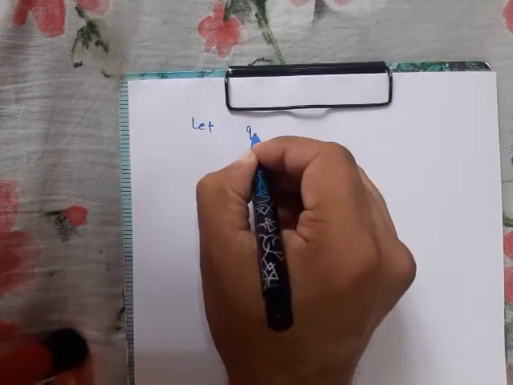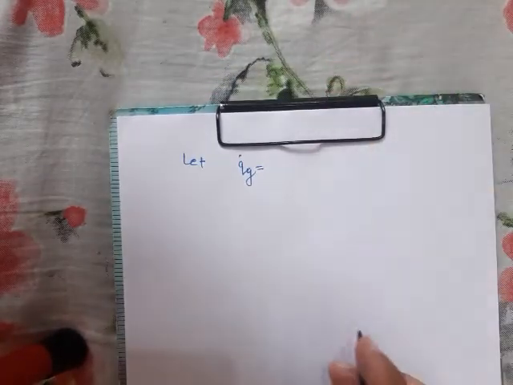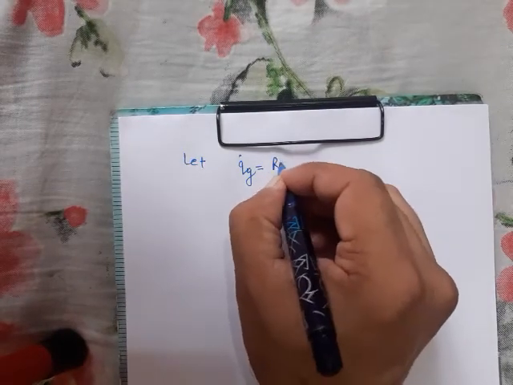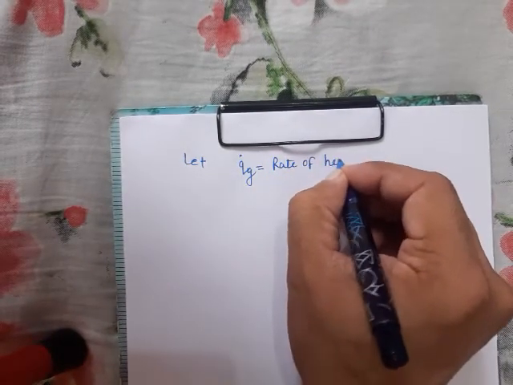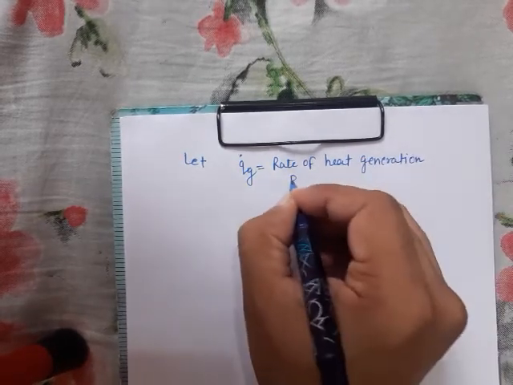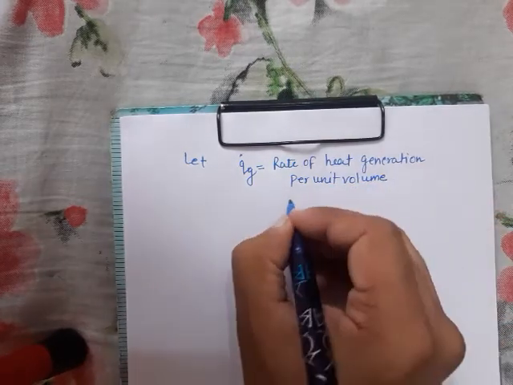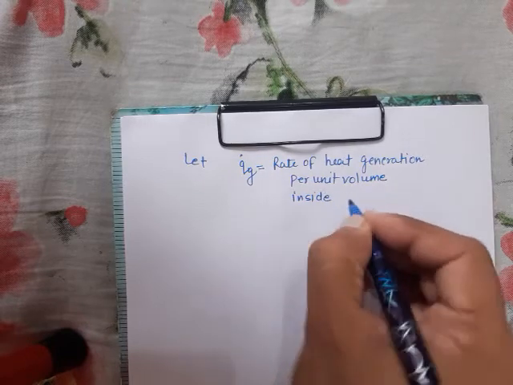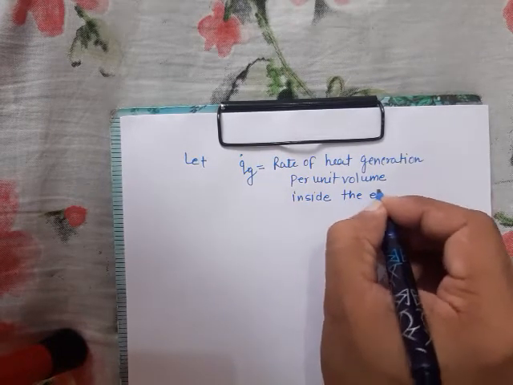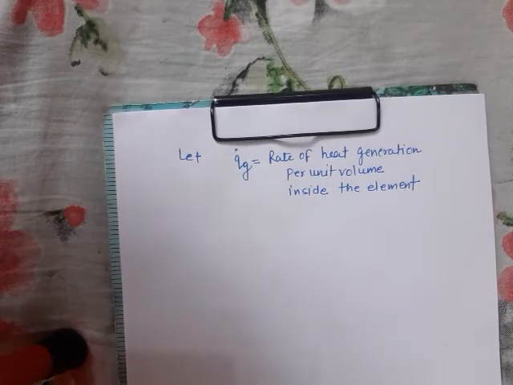Okay, let's discuss further. Now let q dot g, what we considered in the previous case, similarly I am considering, let q dot g indicate rate of heat generation per unit volume inside the element.